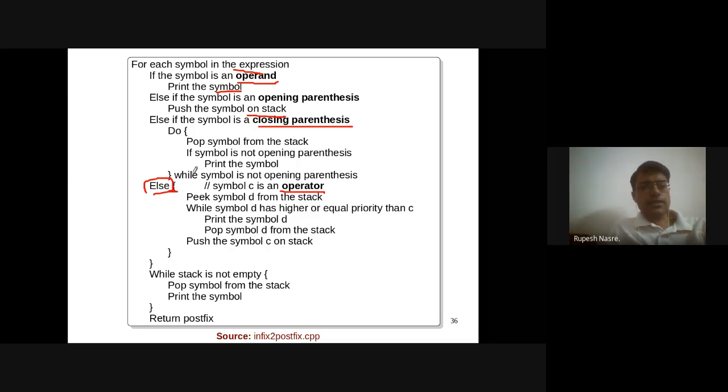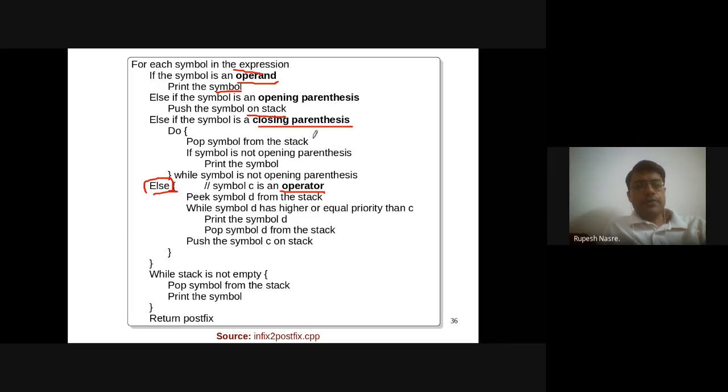Okay, so let's understand this closing parenthesis part and then the operator part. Closing parenthesis says that the way Murari was suggesting, we have to remove elements from the stack until we reach the opening parenthesis. And the opening parenthesis is going to give us the leeway because the expression is fully parenthesized except the independent numerals.